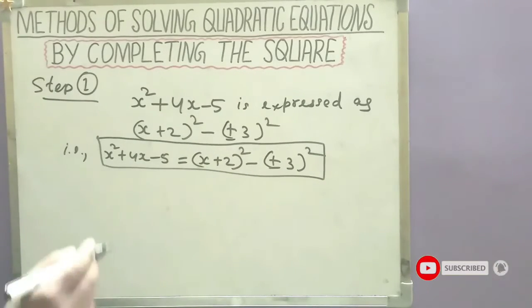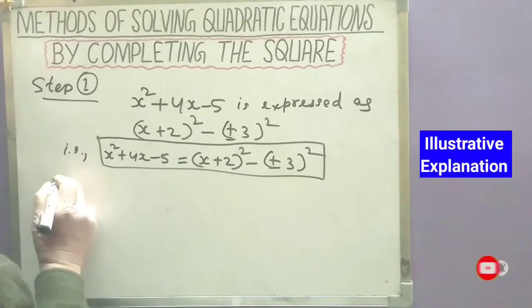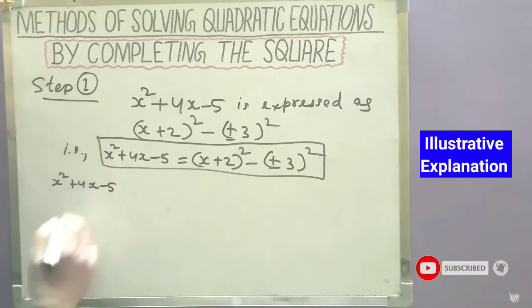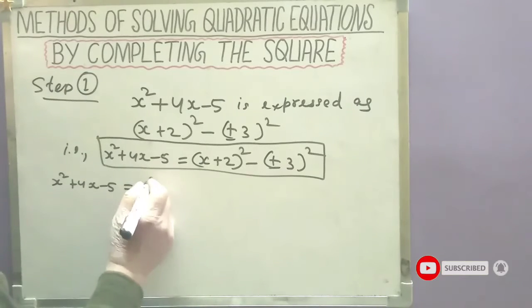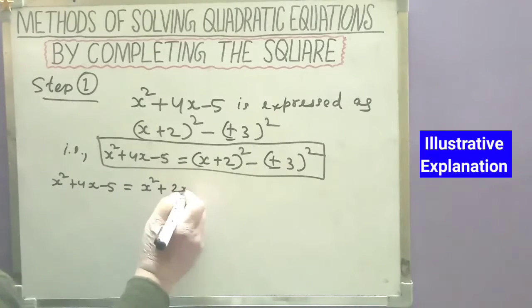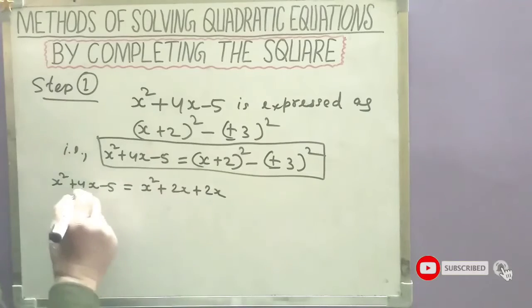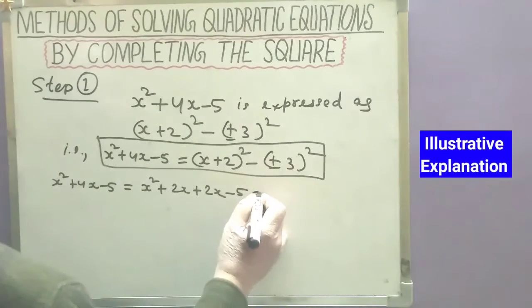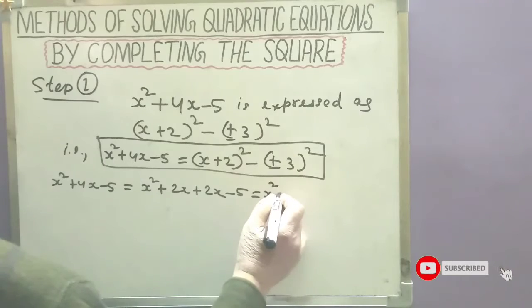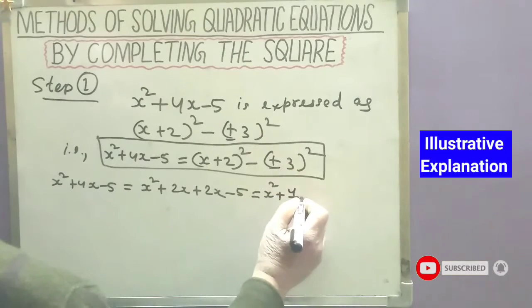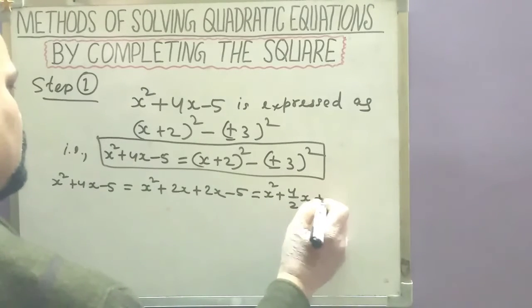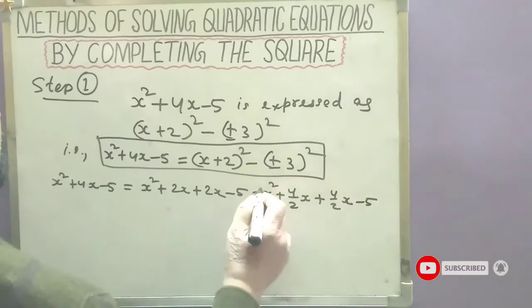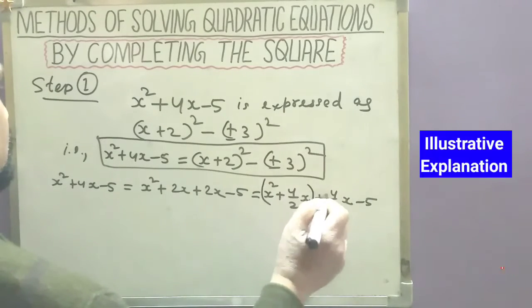Let's explain how this quadratic polynomial is expressed in the form of the squares of two terms. So we have x square plus 4x minus 5 equal to x square plus 2x plus 2x minus 5. That equal to x square plus 4 by 2 x plus 4 by 2 x minus 5.